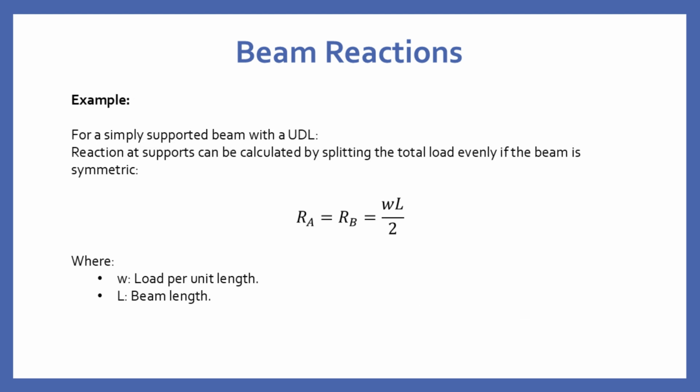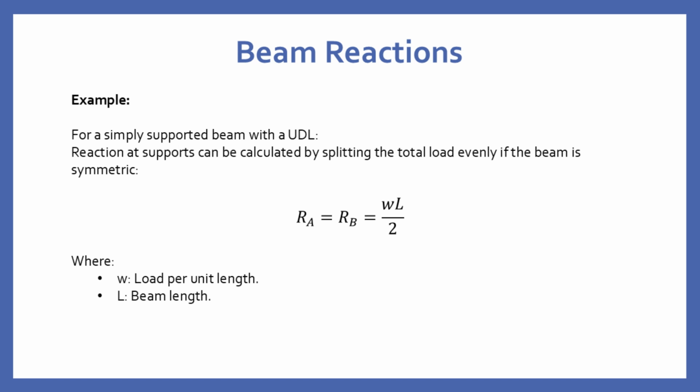In this practical application slide, let's consider a simply supported beam carrying a uniform distributed load, UDL. Here's a beautiful simplification. When we have a symmetric beam with a uniform load, the reactions at both supports are equal. The equation RA equals RB equals WL by 2 tells us that each support carries half the total load, where W is the load per unit length and L is the beam's length.